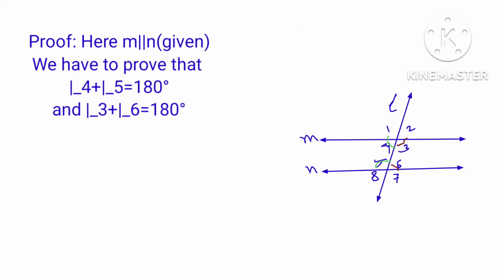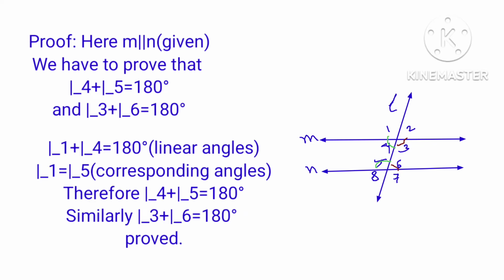Here, M parallel to N, given. We have to prove that angle 4 plus angle 5 is equal to 180 degrees and angle 3 plus angle 6 is equal to 180 degrees.